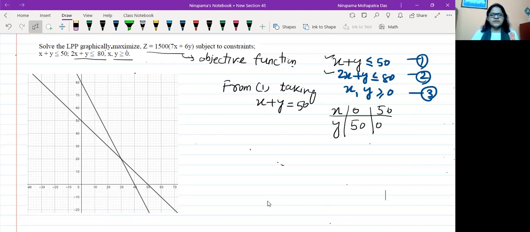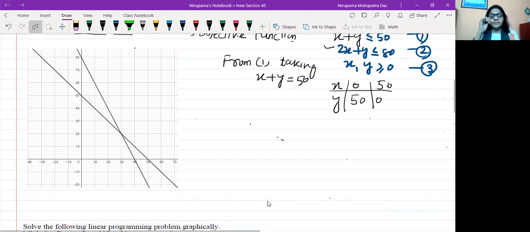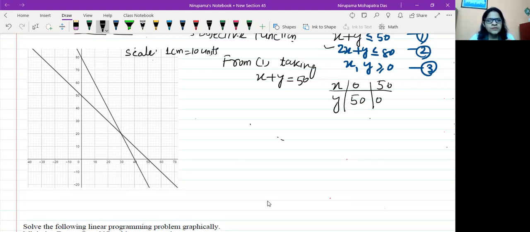Here I have already taken the graph, and of course you have to write the scale. Here I have taken 1 centimeter equal to 10 units. So this is your 0, 50 and 50, 0.